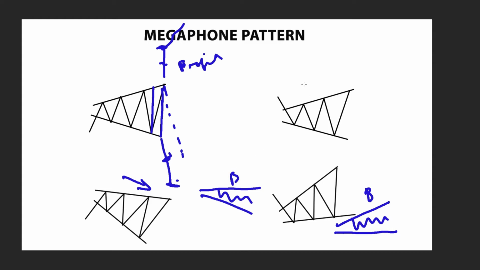And this is the bottom megaphone, and these are typically bullish. And then you've got this one here, which is your top megaphone, and those are typically bearish. Okay, all right, so let me get you two examples of this.